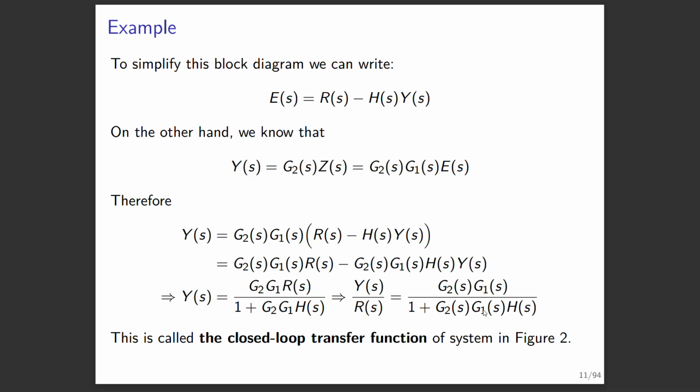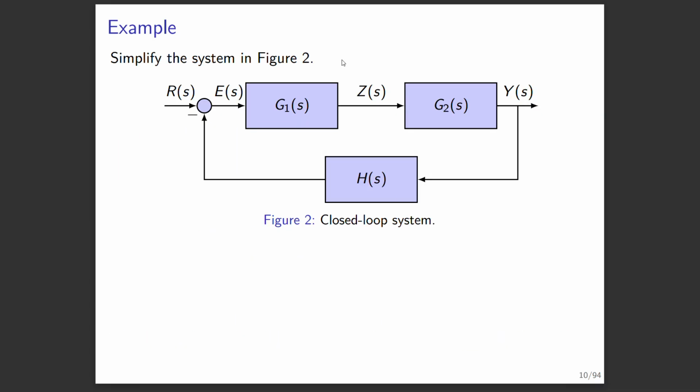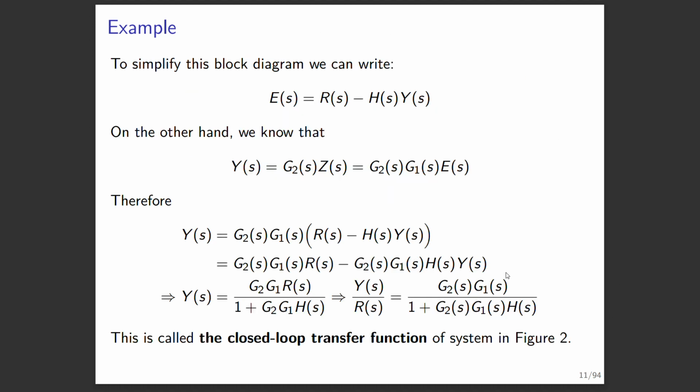This is called the closed loop transfer function of the system in figure 2. So if you have a feedback system and you're being asked to write the closed loop transfer function, what we are talking about is basically to put this entire thing into one big block with this transfer function. That is called the closed loop transfer function.